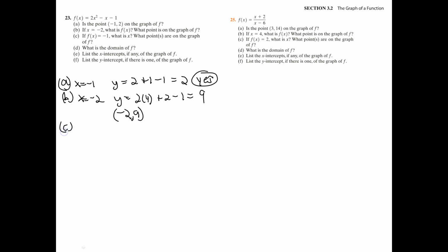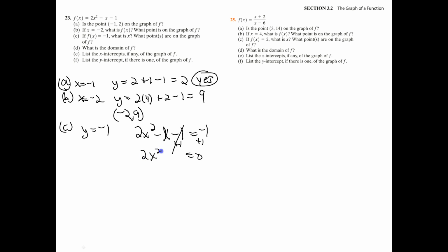Letter C. F of x is negative 1. That's saying y is negative 1. Go out and get x. And so 2x squared minus x minus 1 is equal to negative 1. By adding 1 over, we get 0. These cancel.